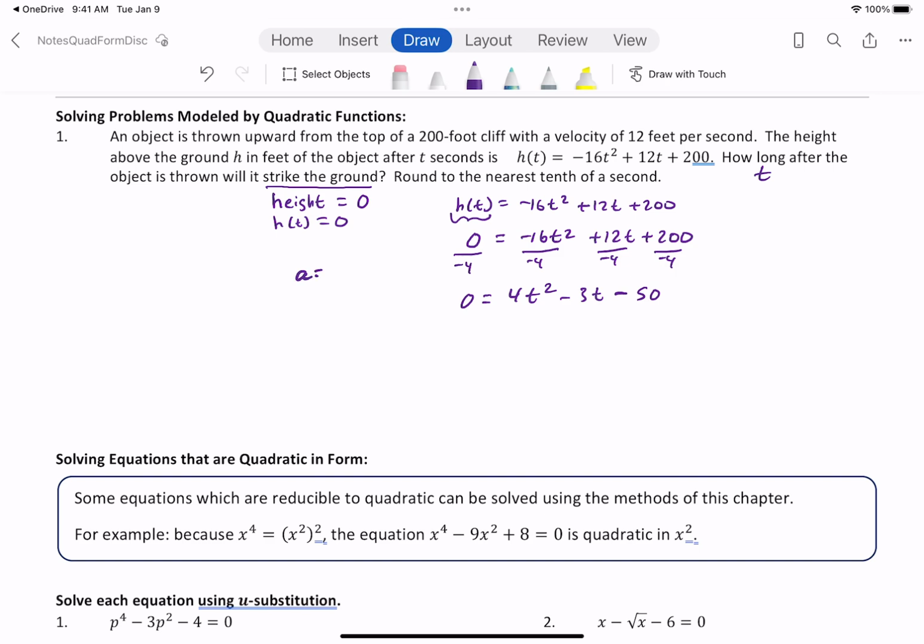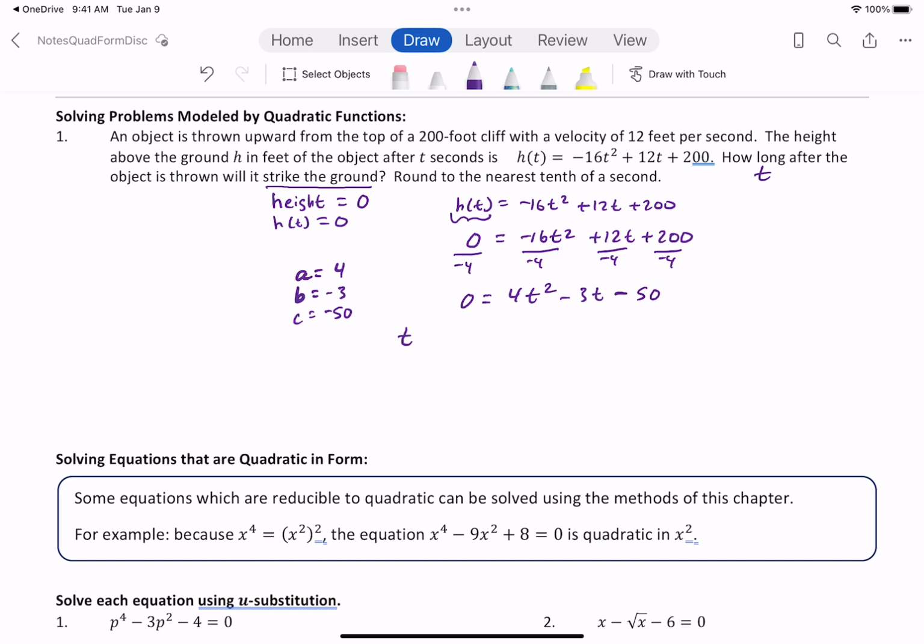So now that it's in standard form, we can read off A, B, and C. A in this case is 4, B is -3, and C is -50. All right, so we're going to start plugging in. Now normally we start by writing x equals, right? My variable in this particular problem isn't x, it's t.